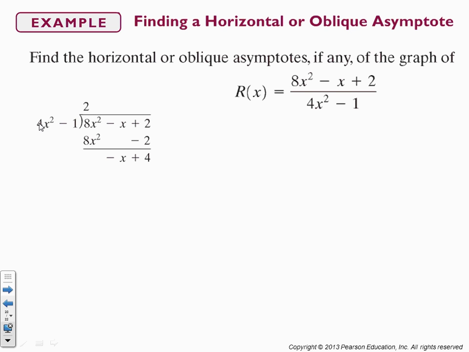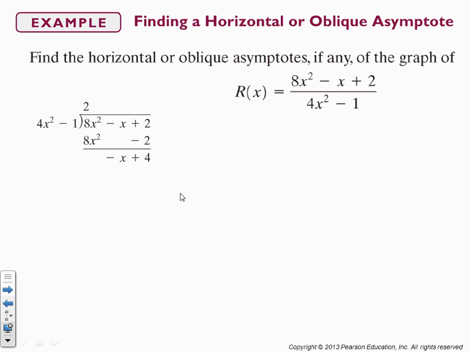So 4x squared times 2 is 8x squared, and 2 times negative 1 is negative 2. I change the sign on both of those, and I get 0 here. Negative x comes down. 2 plus 2 is 4, and so I get negative x plus 4.